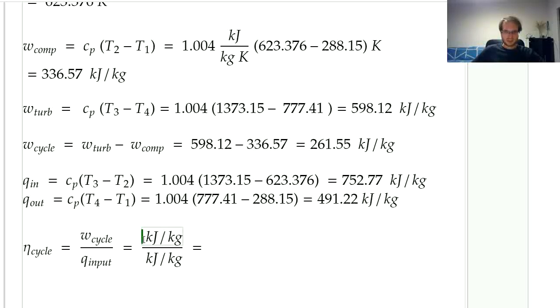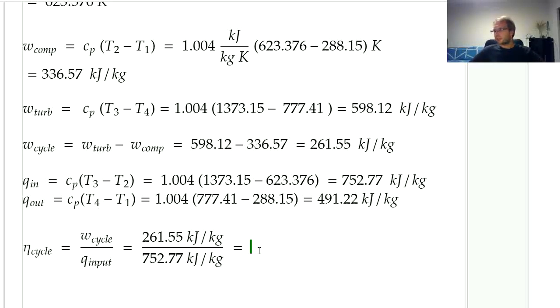The efficiency of the cycle is the work of the cycle over here and the heat input in here. The same efficiency would also be the result of getting the work of the cycle from the balance, heat input minus the heat output. You can check it for yourself.